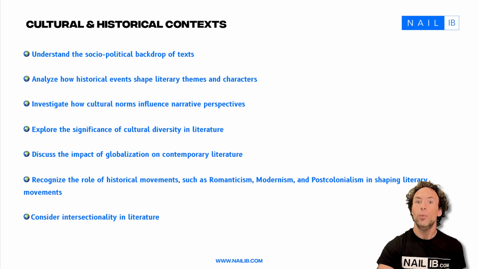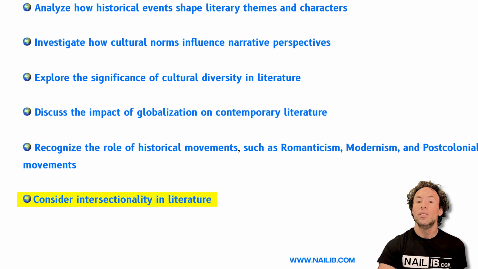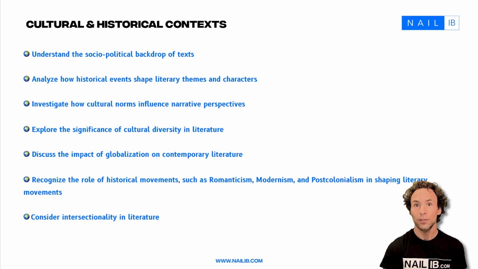It provides a framework for understanding the interconnectedness, again, of identity and experience. And we will examine how different character perspectives, interactions and experiences in literature are affected by these movements. We will consider how this intersectionality affects the text overall, and hopefully that will enable us to deepen our understanding of power dynamics, privilege, and marginalization within society.